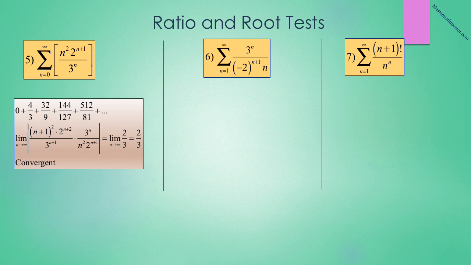For the 2's, we have a 2 upstairs. For the 3's, we have a 3 downstairs. And (n plus 1) quantity squared over n squared as n approaches infinity is equal to 1. So this is the limit as n approaches infinity of 2/3, which is 2/3. So believe it or not, this is a convergent series.